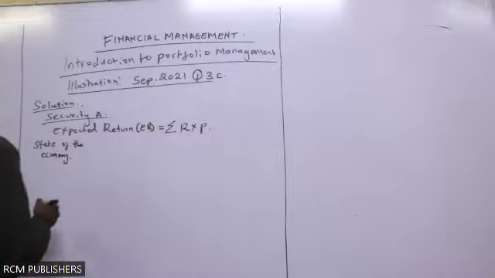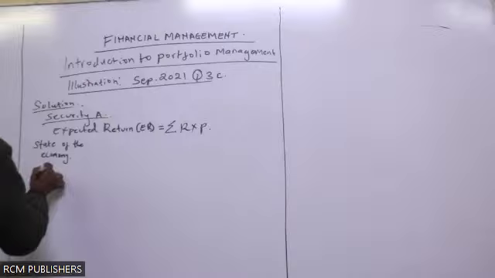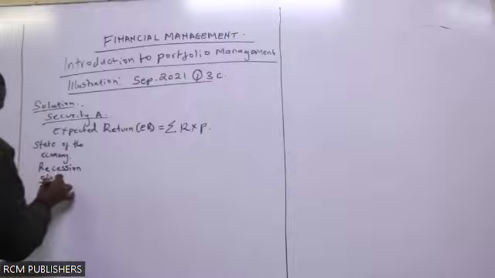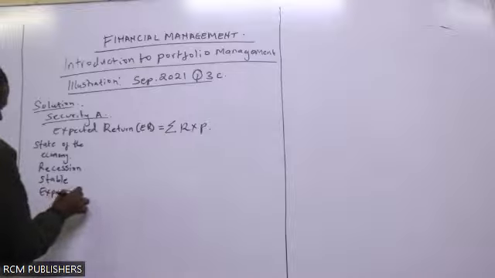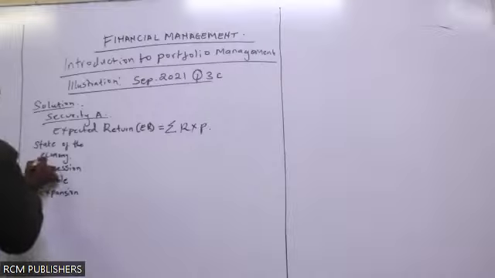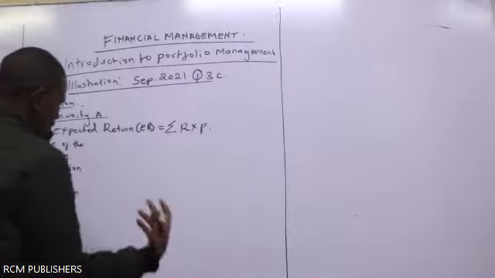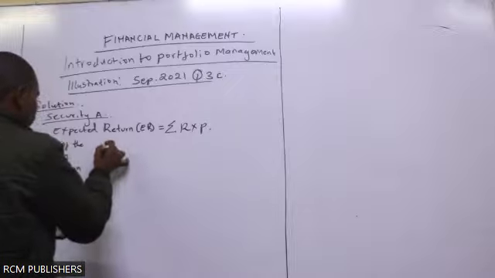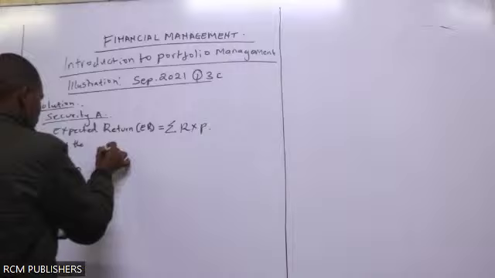Then I come here and say recession. Then I have stable. Then next I have expansion. Good. You can underline, you can leave it at that point. So a return on security, in percentage.